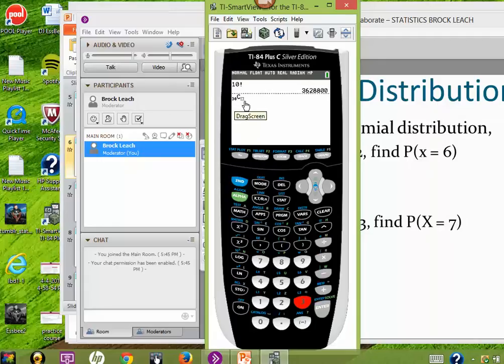And now I'm going to put 3, because I'm forming committees of 3 people from the 30. And my question is, how many unique committees could I make from those 30 people? We hit enter, and we see that there are 4,060 unique committees that I could make from those 30 people.